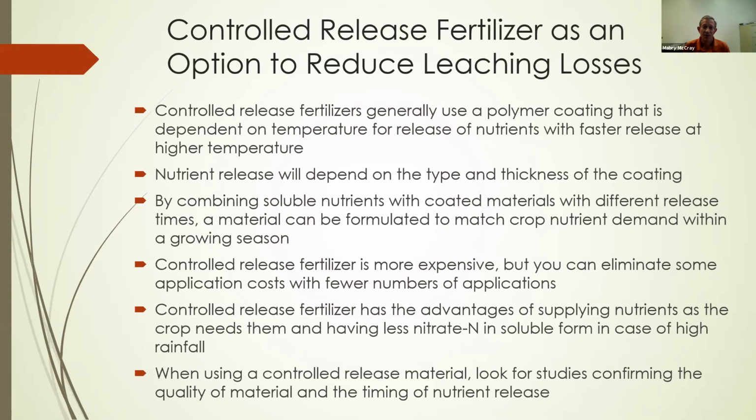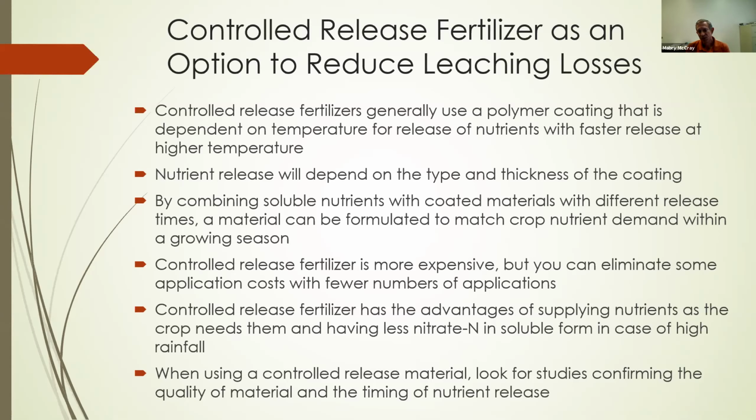Another option is control release fertilizer to reduce leaching losses. Control release fertilizers generally use a polymer coating that's dependent on temperature for release of nutrients, with faster release at higher temperatures. If it's dependent on temperature, then if you get a heavy rain, that's not causing the release of the nitrogen. That's one of the reasons these have become more popular in recent years.